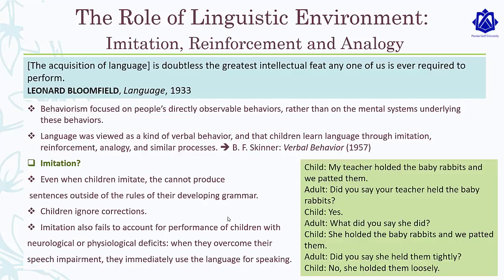Based on the innateness hypothesis, we say children are born with a language faculty, with UG principles and UG parameters, and UG parameters are set as a result of exposure to different languages. So the linguistic environment is there to help children set the parameters.